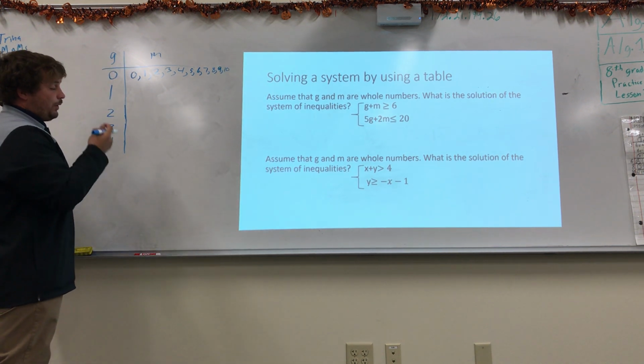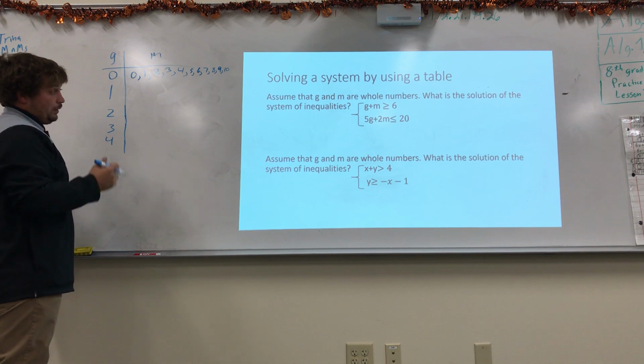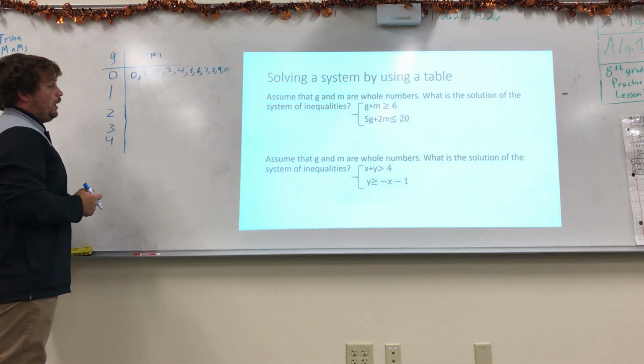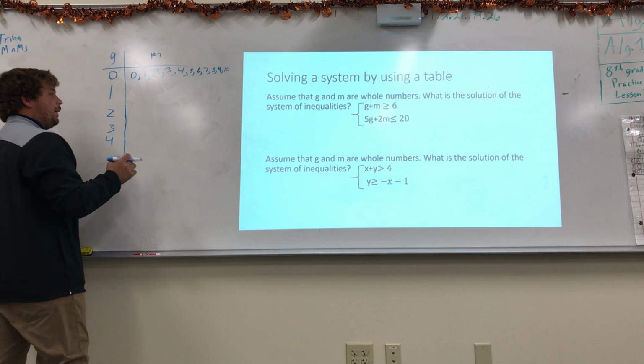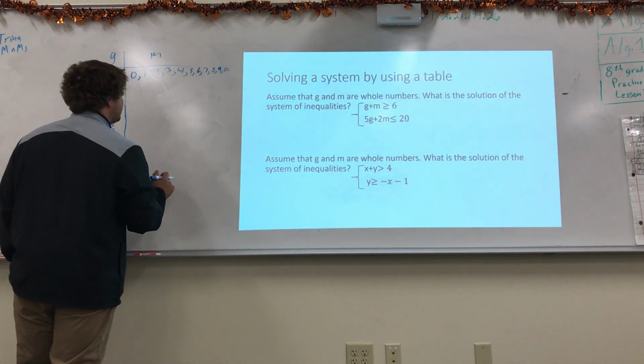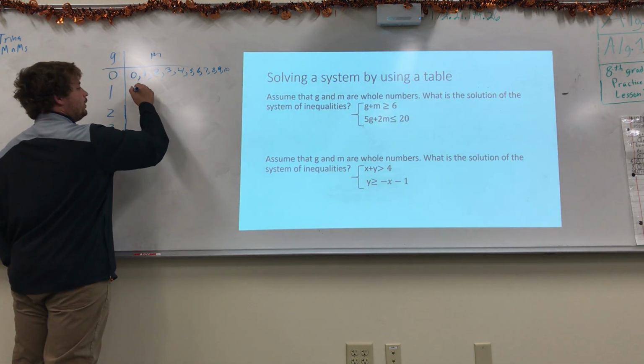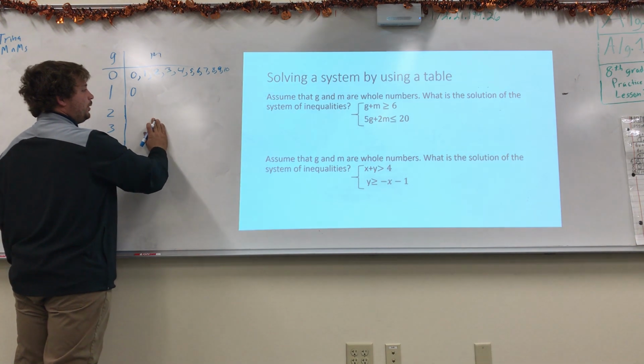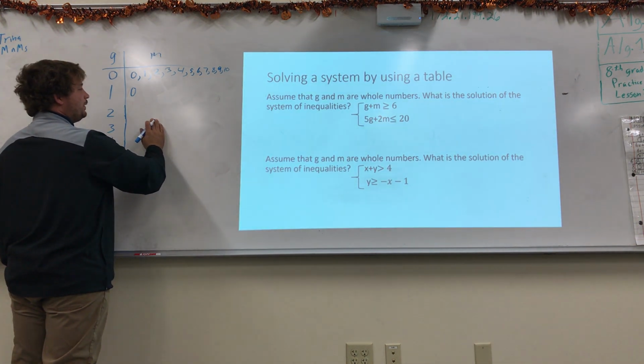Okay, now the next one you have, it is 5 times 1. So every time, that front part of the bottom equation is going to be 5. So if I put in 0 for the second part, I'm going to get 5 is less than 20.